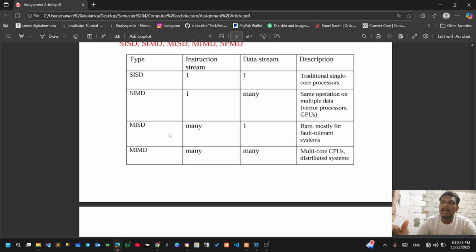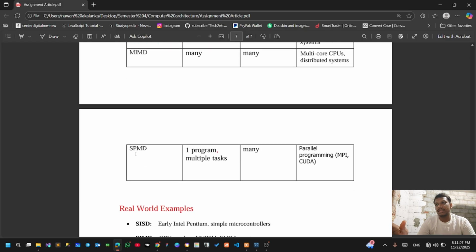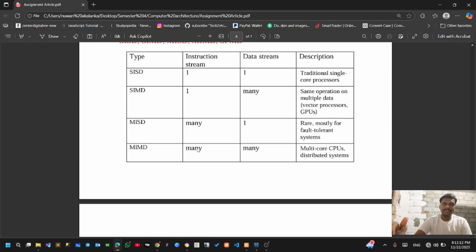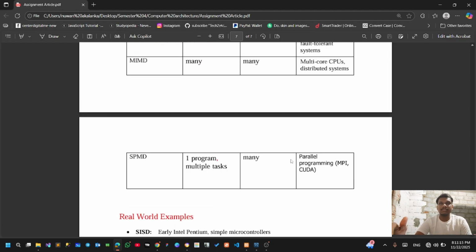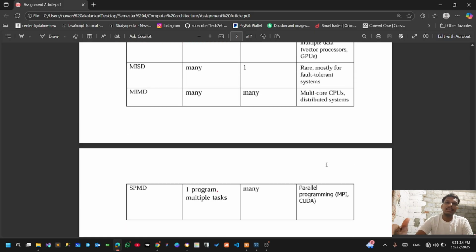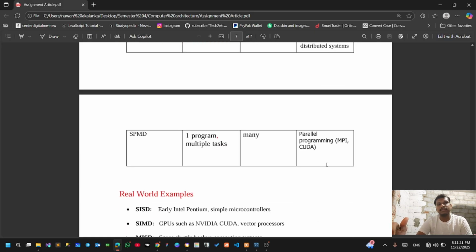MISD: instruction stream many and data stream 1, rare, mostly for fault tolerant systems. MIMD: instruction stream many and data stream also many, multi-core CPUs. SPMD is one program, multiple tasks. Its data stream is many, for example parallel programming, MPI.